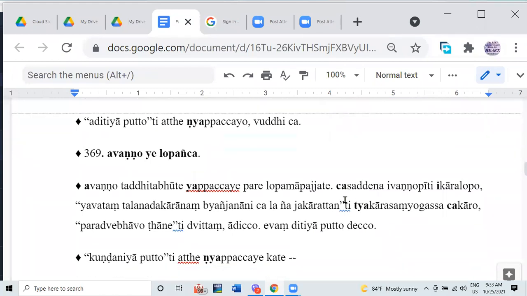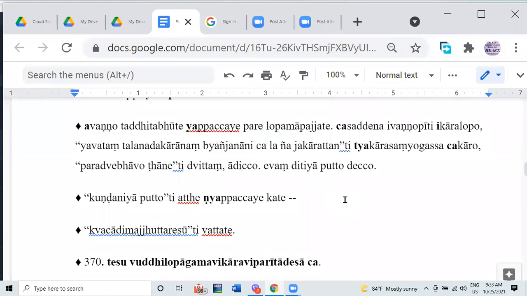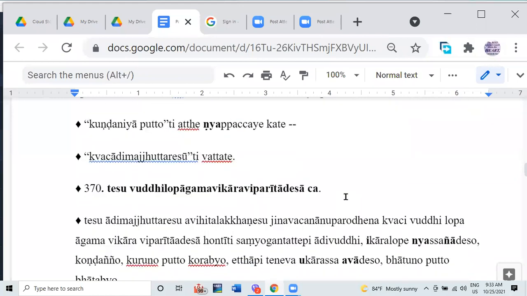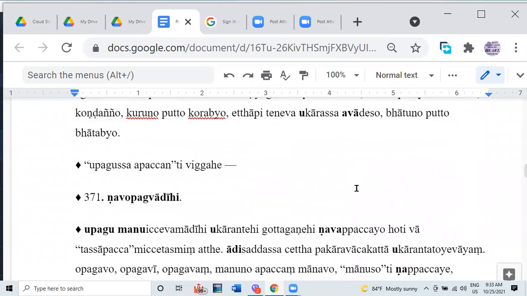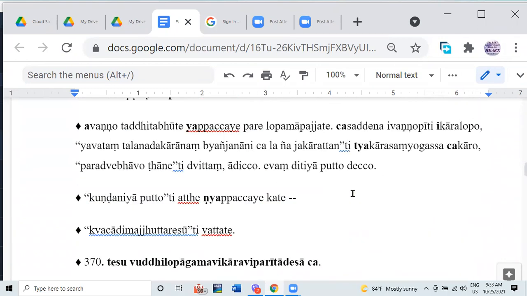Before the sutta 369, the line right above it, he has Aditya Bhukto, Arijo, for the examples. Yes. Okay.